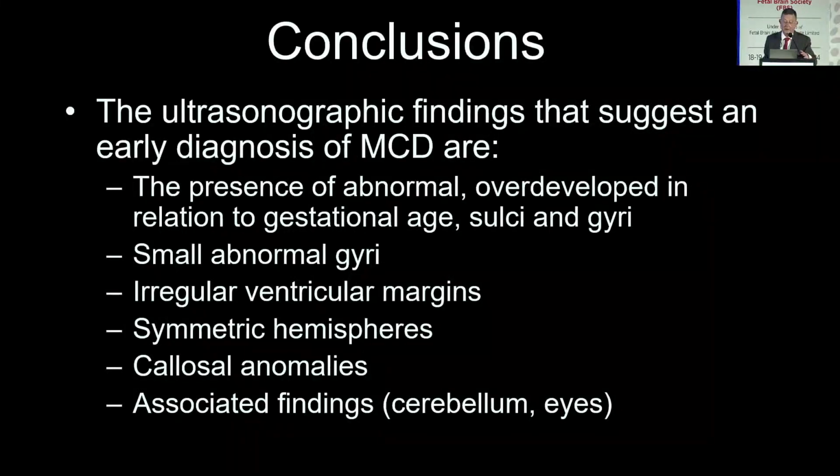The ultrasonographic findings that suggest an early diagnosis of malformation of cortical development are the presence of abnormal, overdeveloped sulci in relation to gestational age, small abnormal gyri, irregular ventricular margins, asymmetric hemispheres, callosal anomalies, and associated findings mainly in the cerebellum and the eyes, and also in the genitalia.